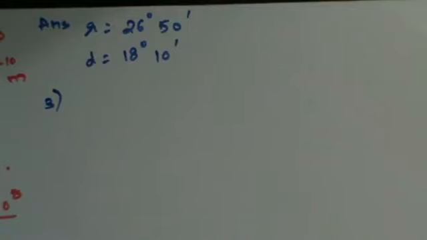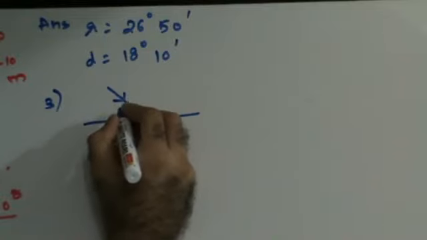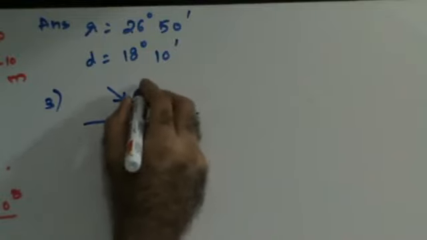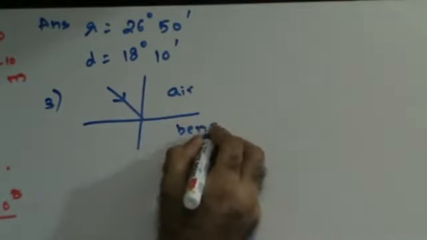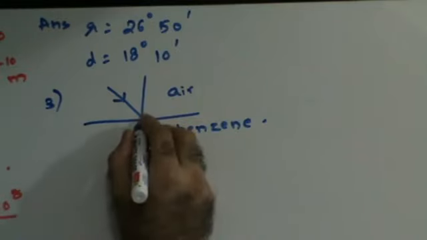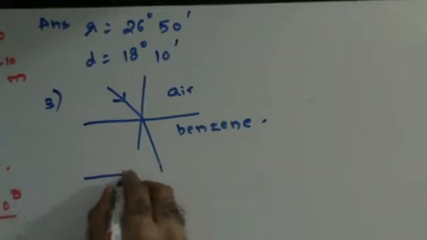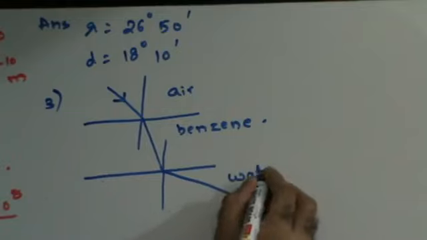A ray of light travels from air and is incident on a layer of benzene, and then passes to water.